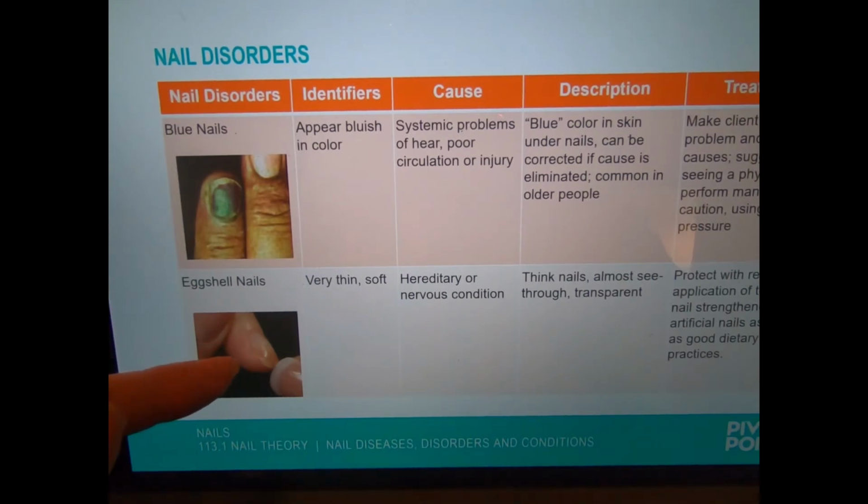Okay, eggshell nails. Thin, white, and flexible. Now I know an eggshell isn't flexible, but think of what it looks like. It's thin and it's white. In eggshell nails, you can bend them very easily, and you have to be gentle with these and maybe put a nail strengthener on there.